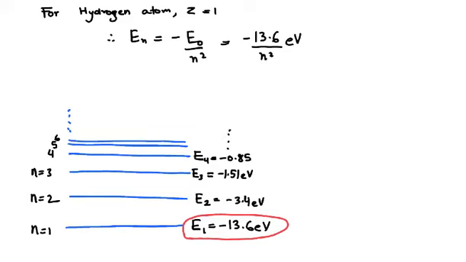Another point to note is that these energy levels do not have uniform separation between them. It does not directly depend on n, it is inversely proportional to n square.